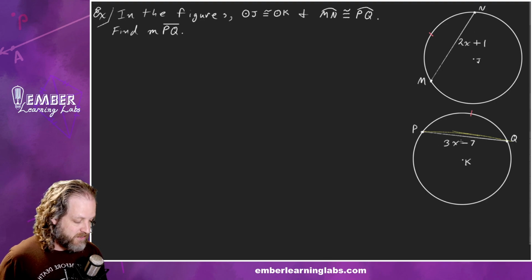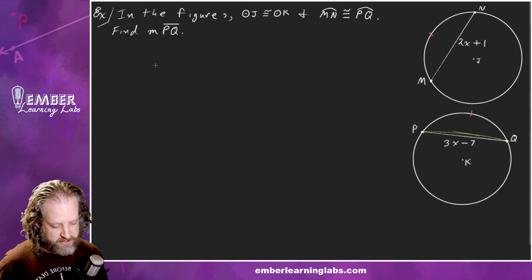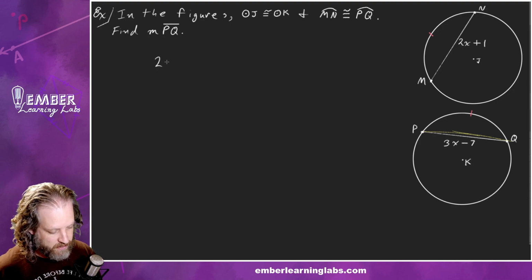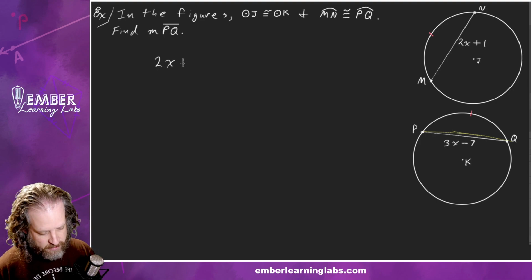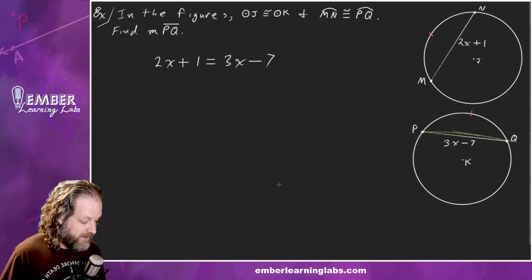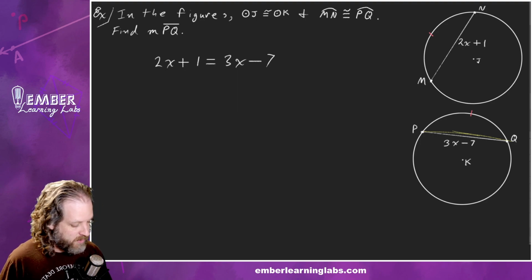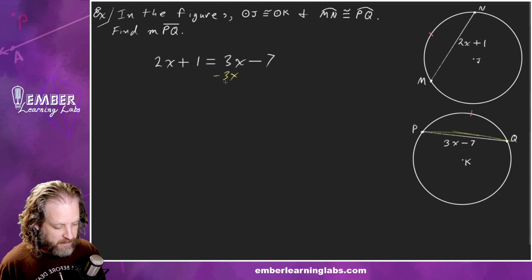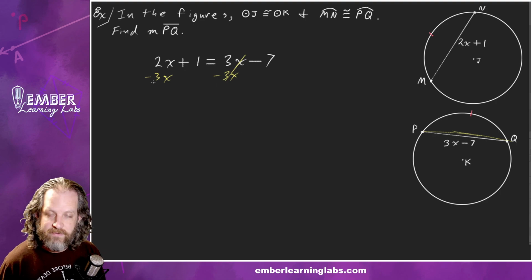So what can we do? Well, we can set these two little expressions equal to each other and then solve. No big deal, right? 2x plus 1 equals 3x minus 7. Now we can solve this for x. So we're going to subtract 3x from both sides. I usually like to move my variables to the left.